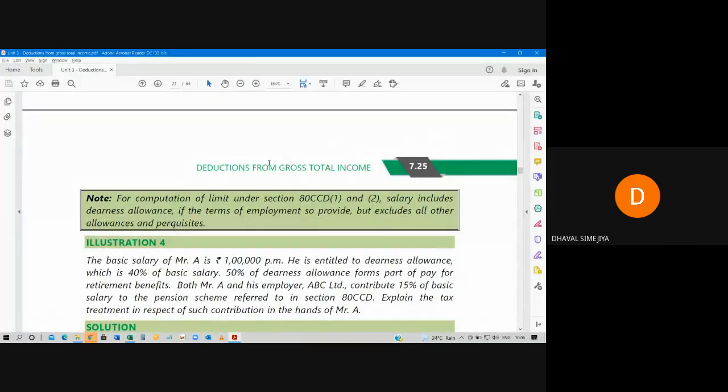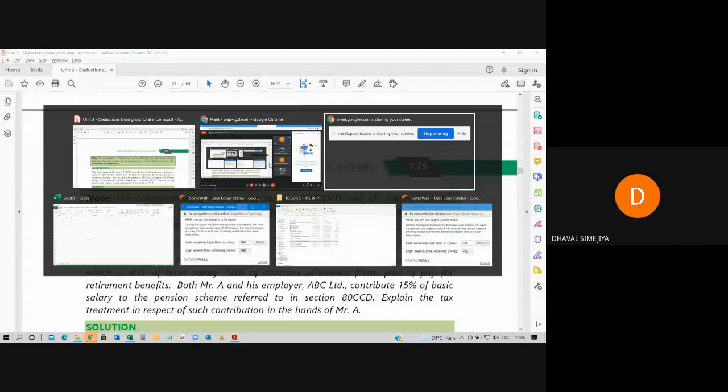The basic salary of Mr. A is 1 lakh rupees per month. He is entitled to dearness allowance, which is 40% of basic salary. So let's write down one by one.